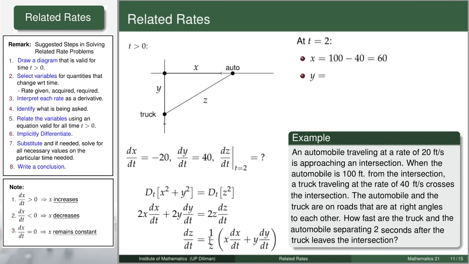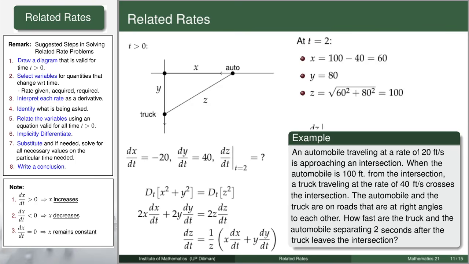For the y, since you started at the intersection at time 0, after 2 seconds you have traveled at a rate of 40, rate times time, so that will be a distance of 80. And of course, to get the z, I will just use the Pythagorean relationship, and that will give me a value of 100.